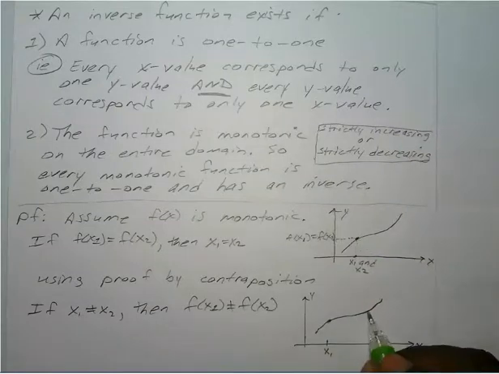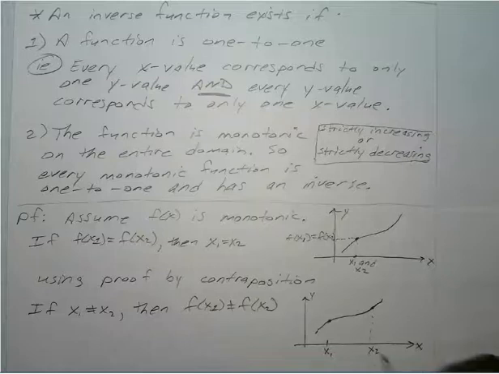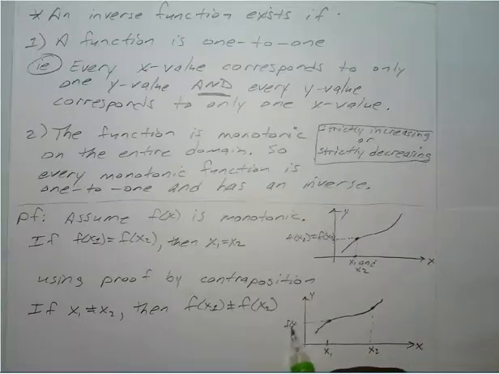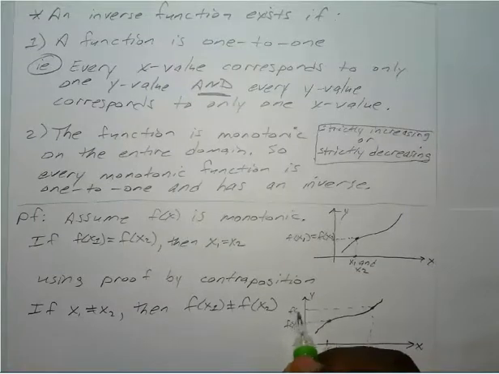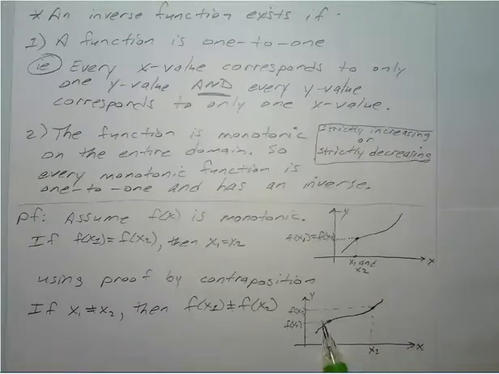But x1 here does not equal x2. So that means this is your f of x1, and this is your f of x2. If your x values aren't the same, then neither are your f of x values.